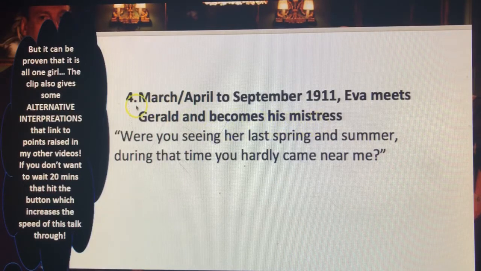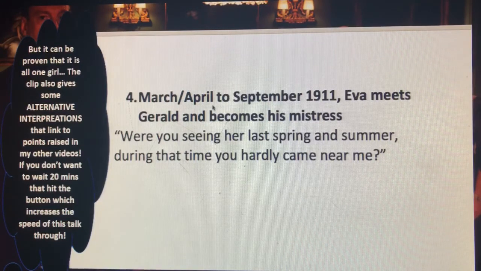Now again, Gerald knows these dates, so it would be highly unlikely that he's just suddenly found a mistress that coincidentally has these dates. And remember, this is super important, all the characters describe what Eva is like in personality. She seemed like a good sport, and they all describe what she looks like physically. Dark hair or brown hair and dark eyes and very pretty.